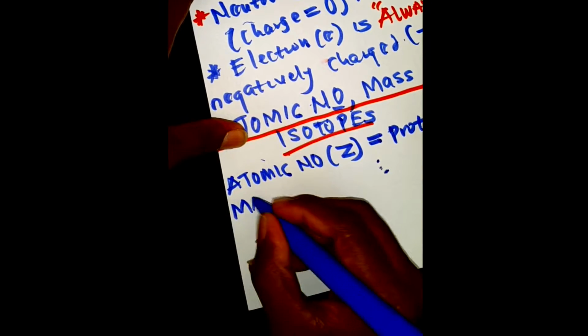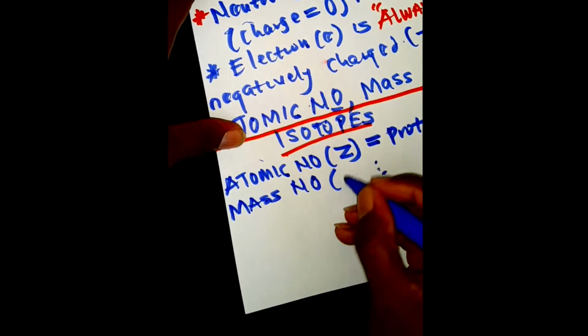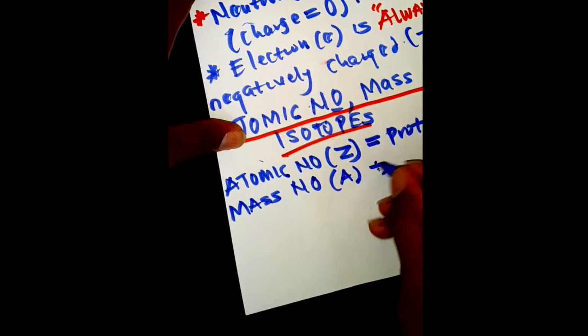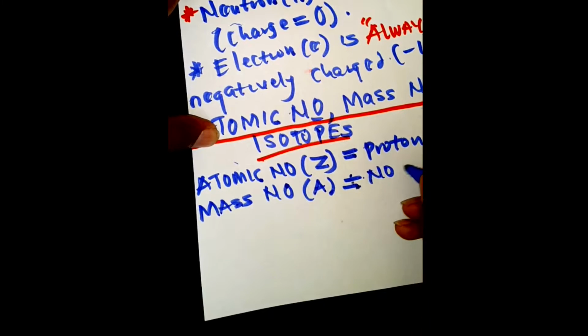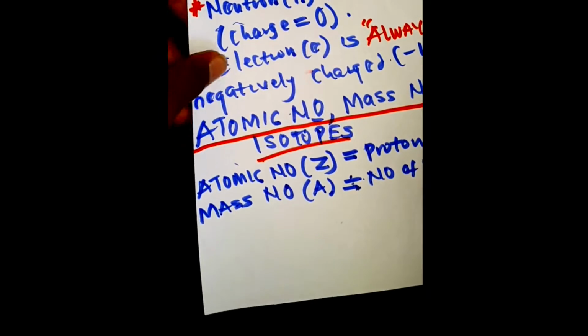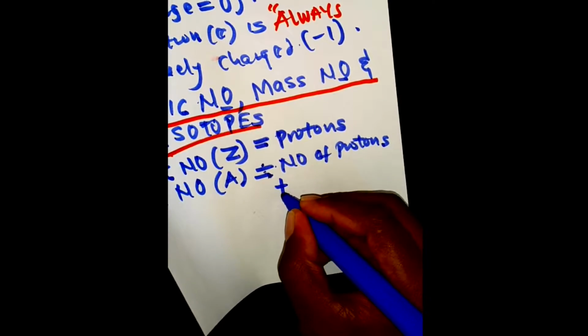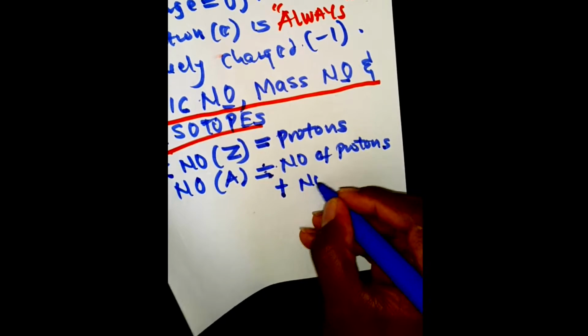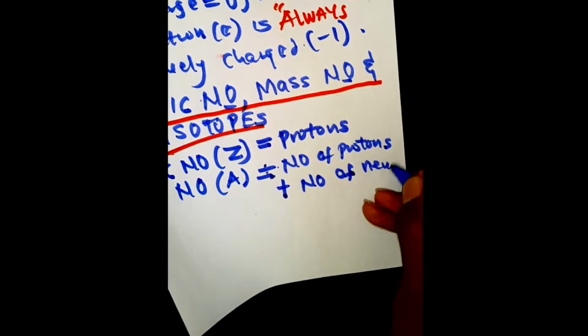Then mass number, let's call that A, is equal to the number of protons plus the number of neutrons.